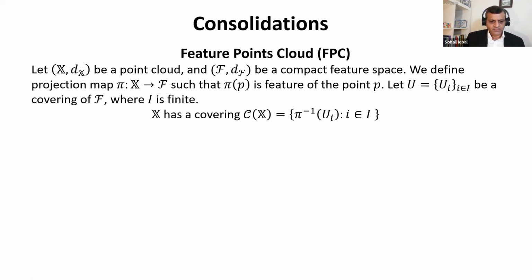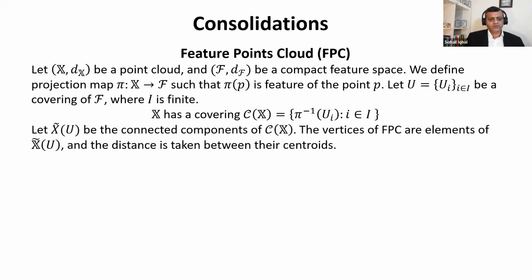So we consider the connected components of this covering C of X, and those connected components become the vertices of my feature point cloud. Practically speaking, we just consider the centroids of those connected components, and the distance is taken between their centroids.